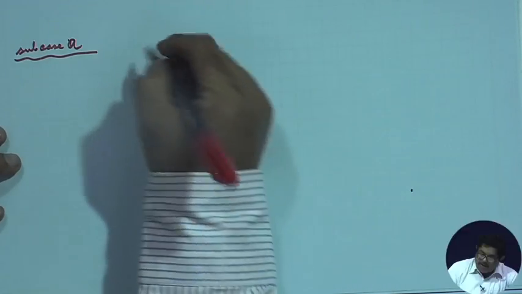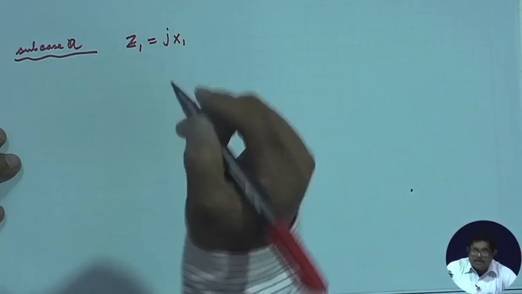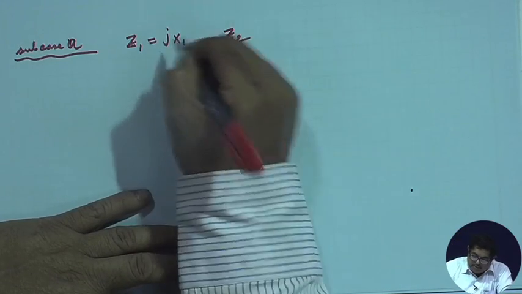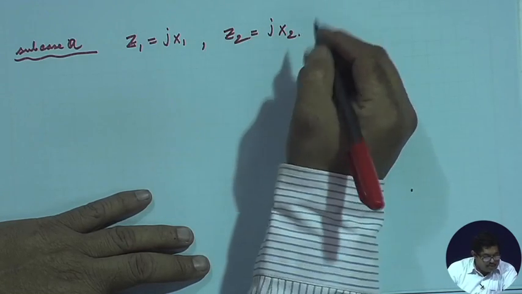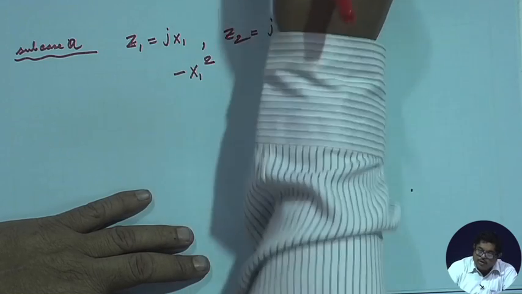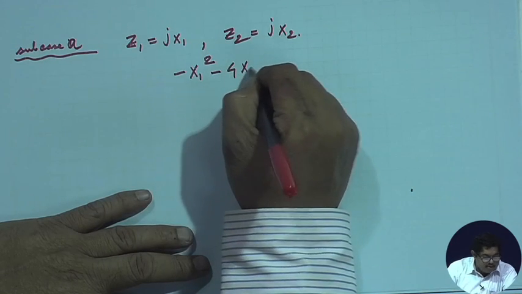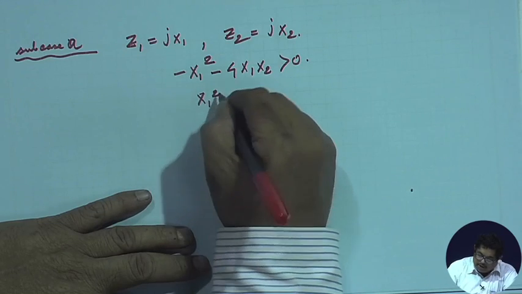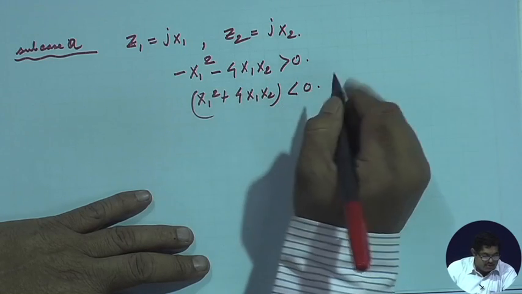We should remember that Z1 is equal to jx1, let us choose this, and Z2 is equal to jx2. Then Z1 square plus 4 Z1 Z2 is minus x1 square minus 4 x1 x2 greater than 0, or x1 square plus 4 x1 x2 is less than 0.